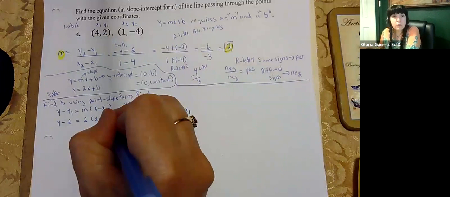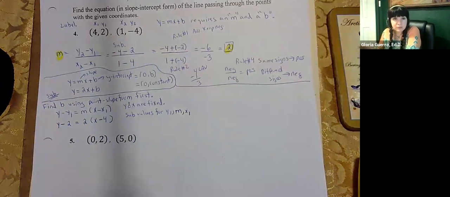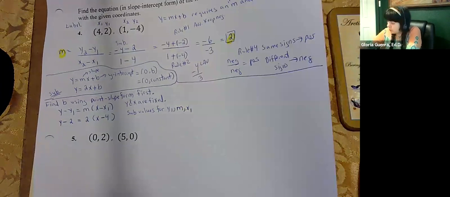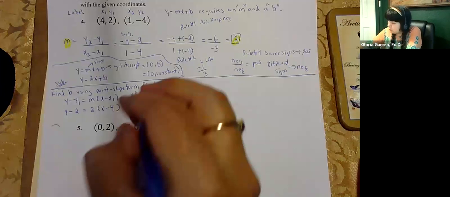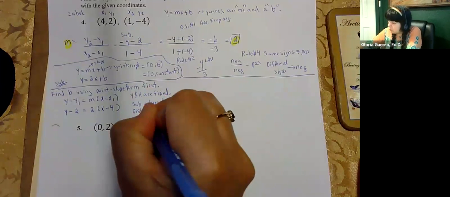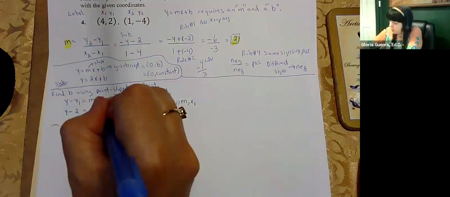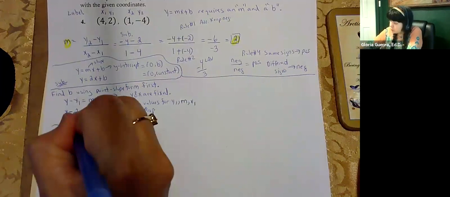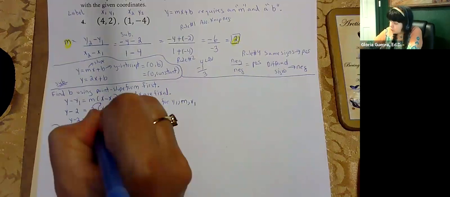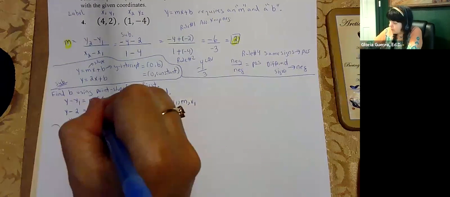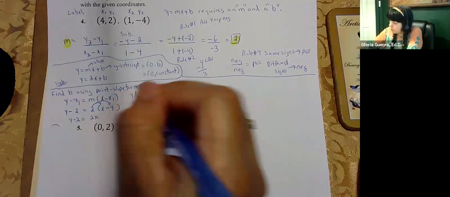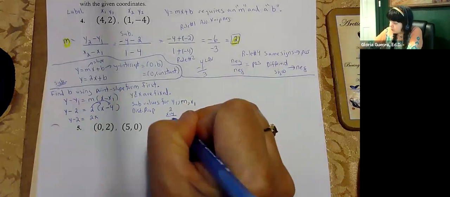Okay, so that was substitute. Now I'm going to do my distributive property. So 2 times x is 2x, and 2 times negative 4 is negative 8.